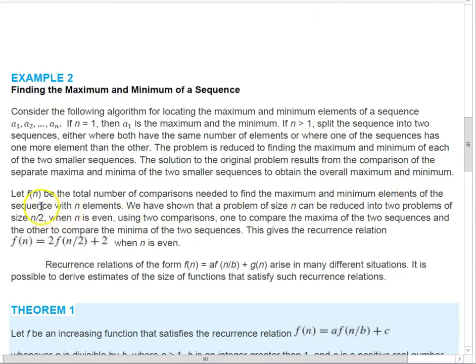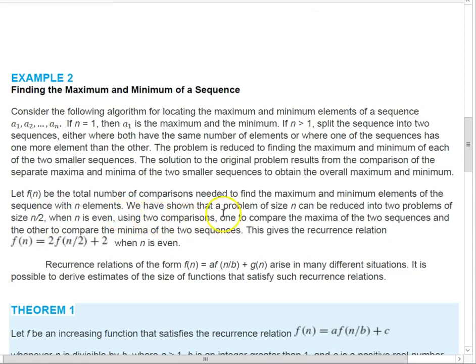Let f of n be the total number of comparisons needed to find the maximum and minimum elements of the sequence with n elements.